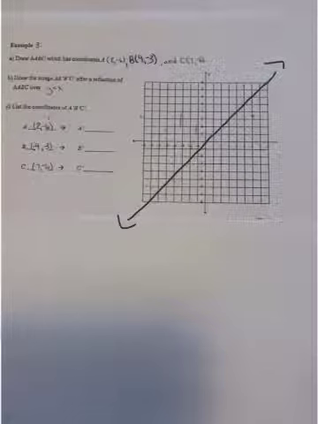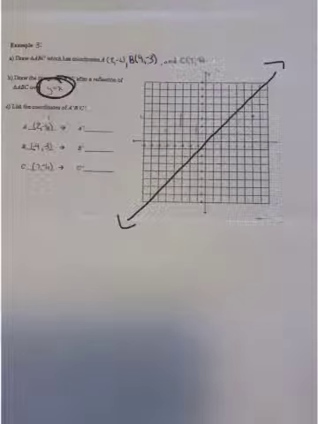Okay, this time we're going to reflect on the line y equals x. Y equals x is going to be this black line that you see going through my coordinate plane. Notice it runs right through the origin, all the way up through quadrant 1 and quadrant 3. You need to draw that line on your coordinate plane. And this time we have to draw our original triangle. Point A is at 2, negative 6, so we go right 2 and down 6.